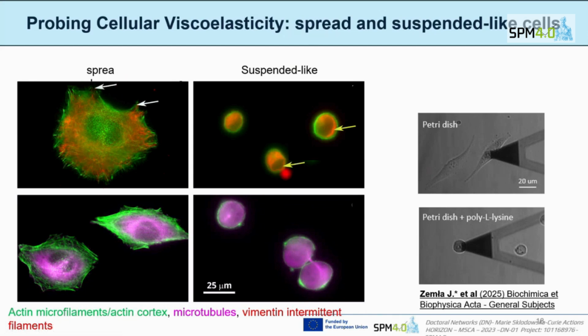While in suspended cells, we don't see nice chains, we just see the fluorescent signal, so we know that it is there. The same is with the microtubule structure. So here microtubules are concentrated along the nuclei. Here we see the signal from all the cell interior.